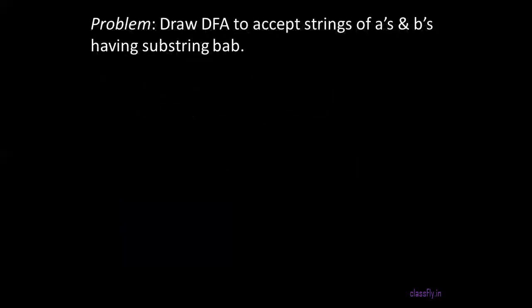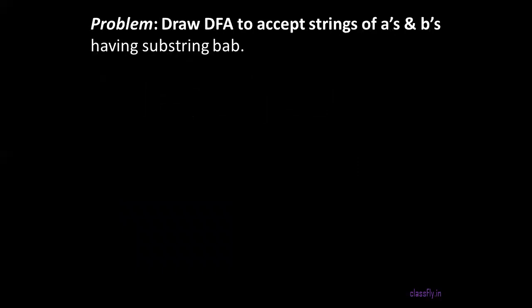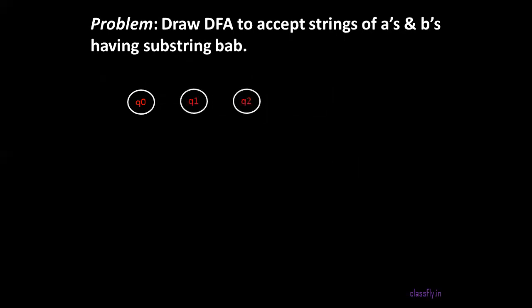That was the solution. Next problem: draw a DFA to accept strings of A's and B's having substring BAB. So Q0, Q1, Q2, Q3 are the states where Q3 is the final state and Q0 is the start state. Here is the transition of the given string BAB.